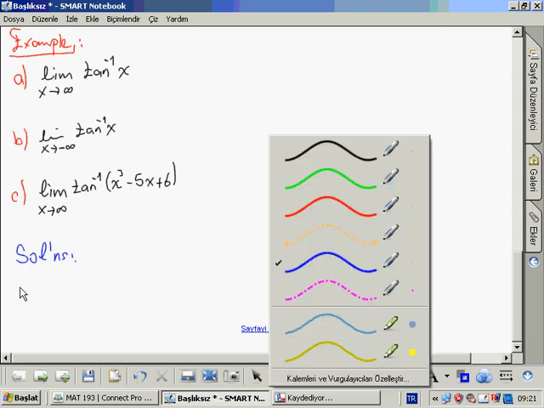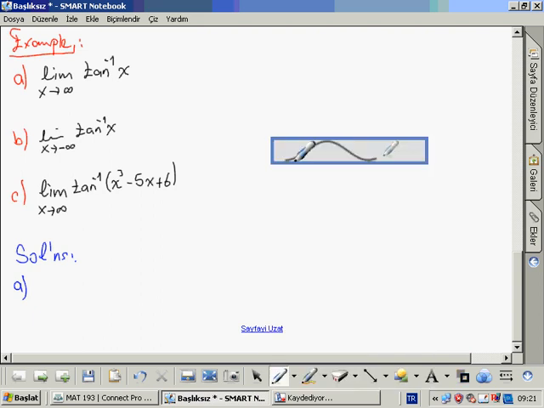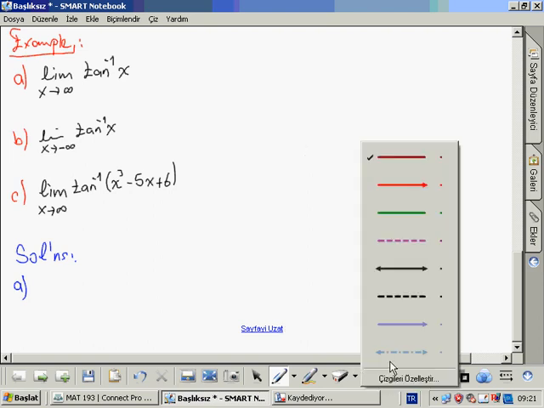Solutions. The first two parts of the example are really just the basic limits involving inverse tangents and can easily be found by examining the following, where I will sketch the inverse tangent function. The remaining two parts are more involved, but as with the exponential and logarithm limits, they really just refer back to the first two parts.